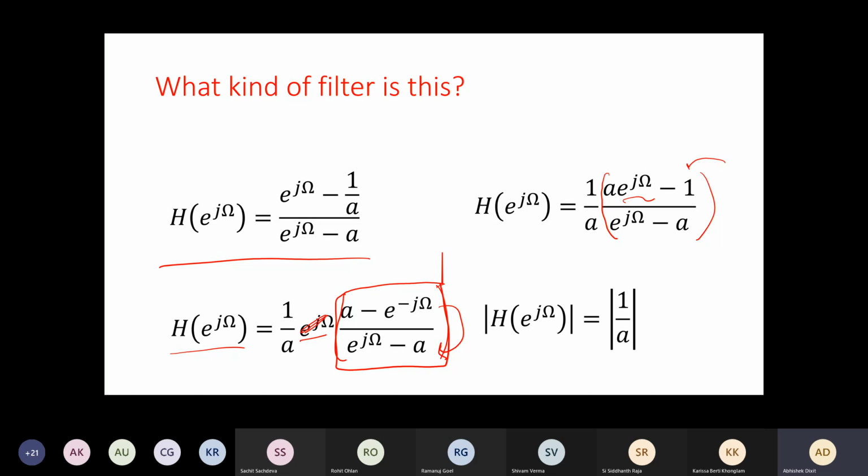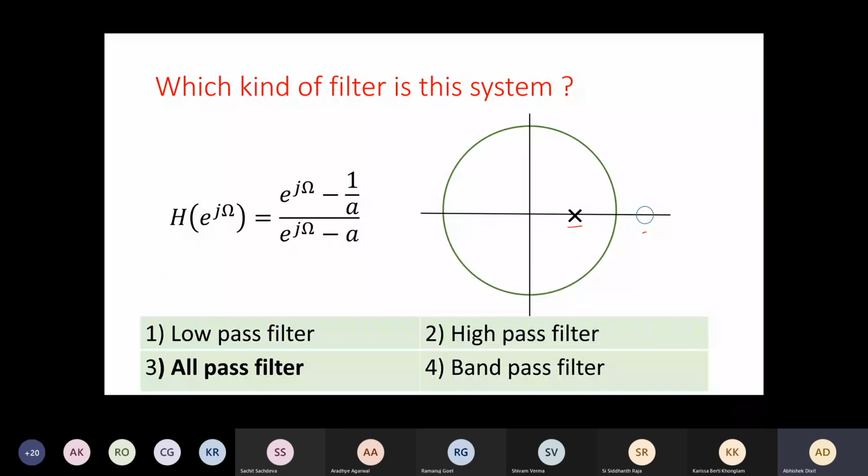So we'll have to assume that A is real. Yes, A is real. That is given in the question. If you look at the poles and zeros, A is real.